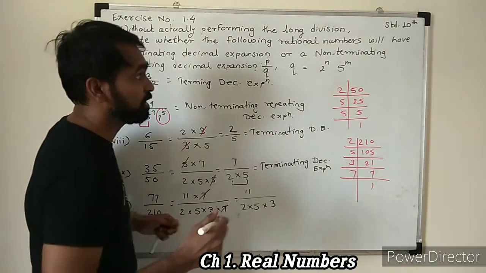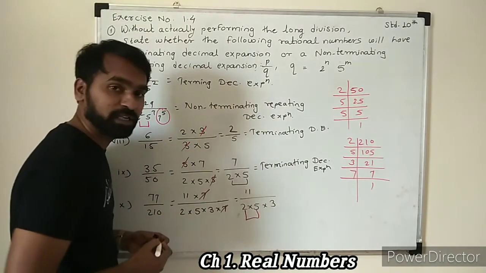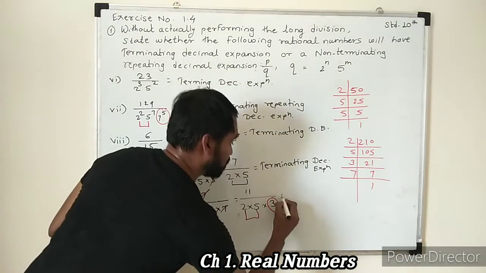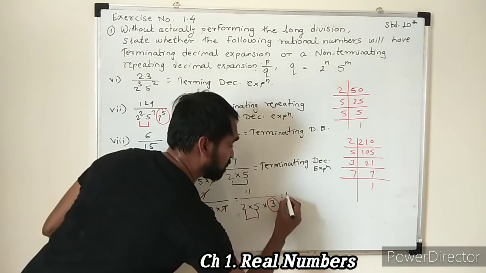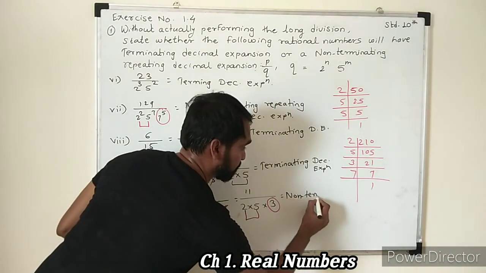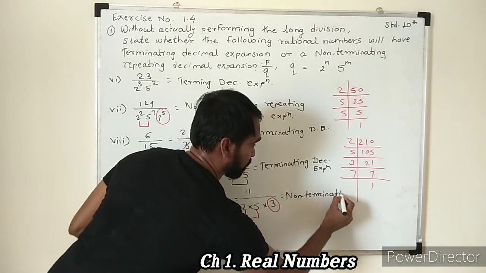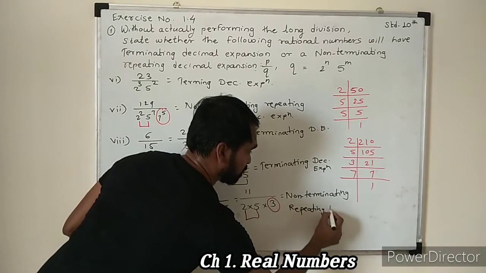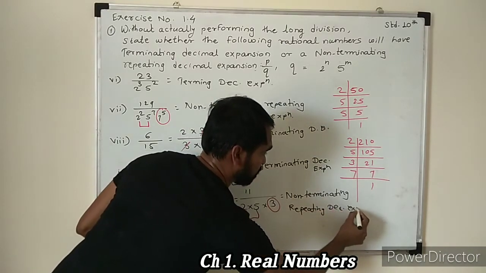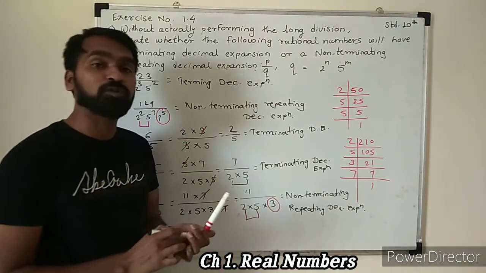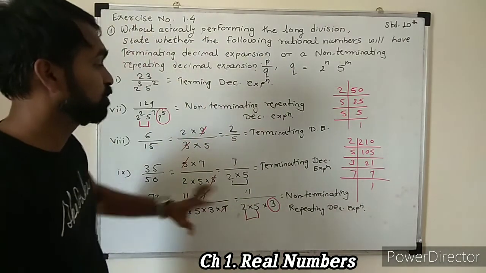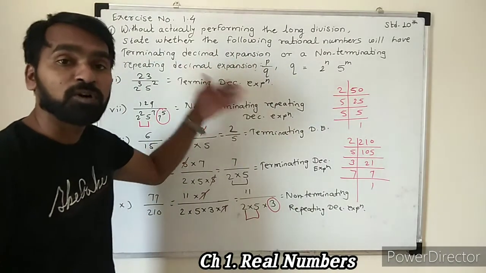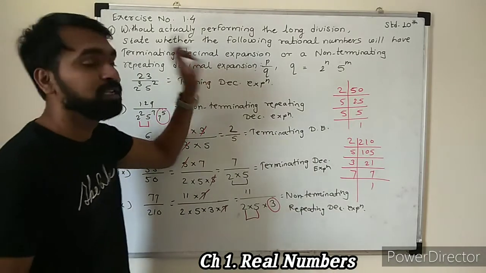Now see the denominator part. Here 2 and 5 is there. But here one other number is there, that is 3. So this one directly you write the answer: non-terminating repeating decimal expansion. This way you have to find which are the terminating decimal expansions or which are the non-terminating repeating decimal expansions.